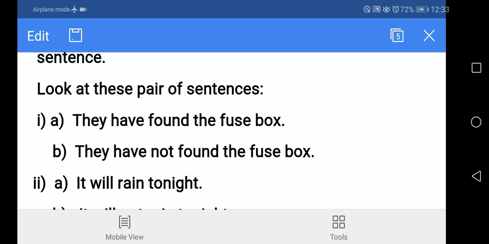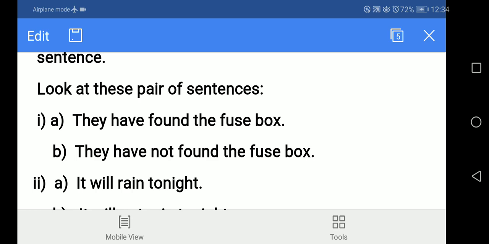In analyzing these sentences, we have they as the subject, have as the auxiliary, that is a helping verb, found as the main verb, the fuse box as the object, and no adverbial.